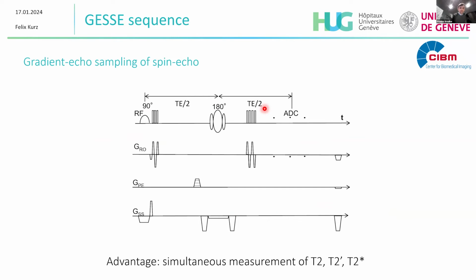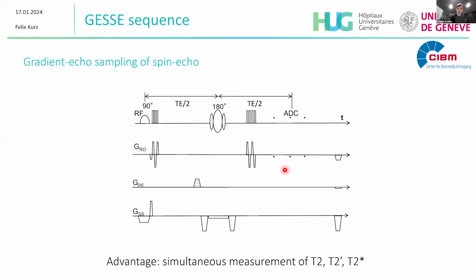Going further, we also did experimental sequences. We basically constructed a gradient echo sampling of spin echo, a so-called GESSE sequence, that allows us to simultaneously measure T2, T2 prime, and T2 star by gradient echo sampling over the peak after the spin echo.